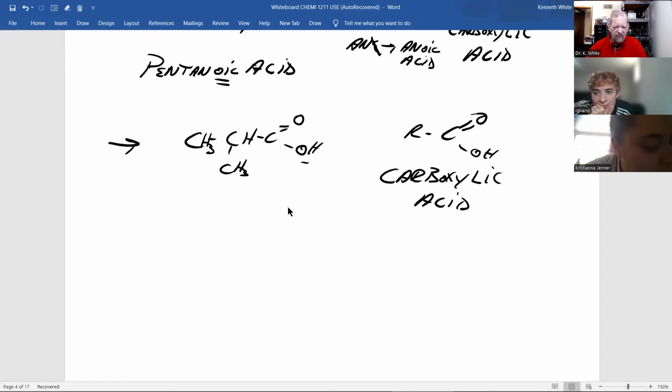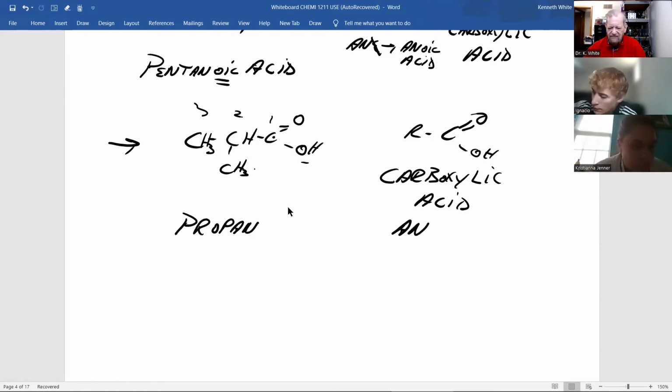All right, how do you name this? What's the longest chain with the carbonyl carbon? 1, 2, 3. So that's propane. Name it as an alkane, drop the E, add OIC, and the word acid.